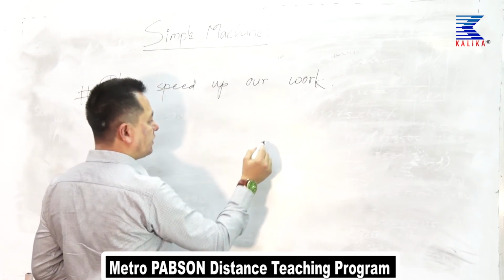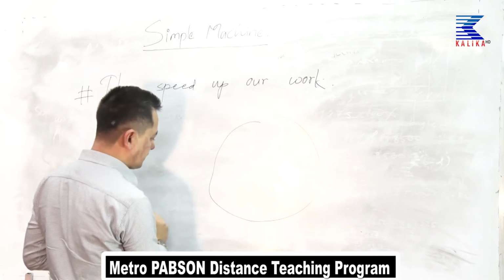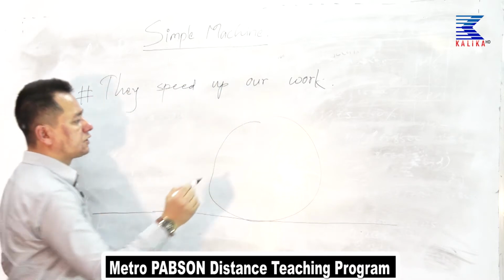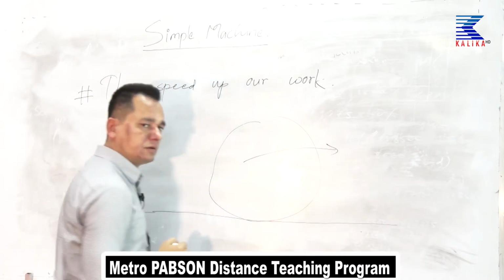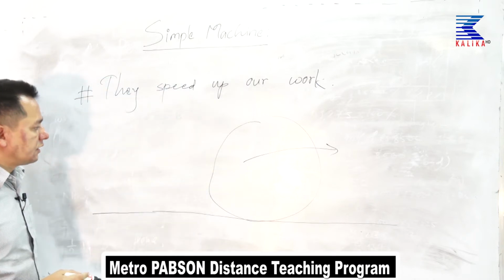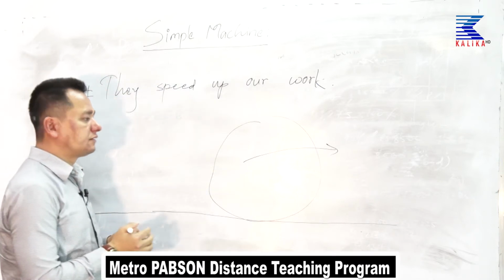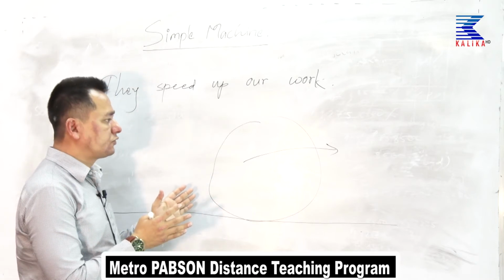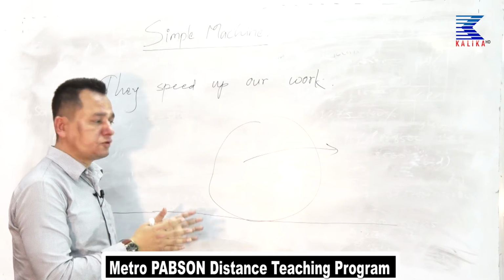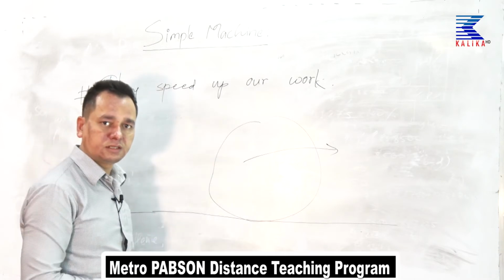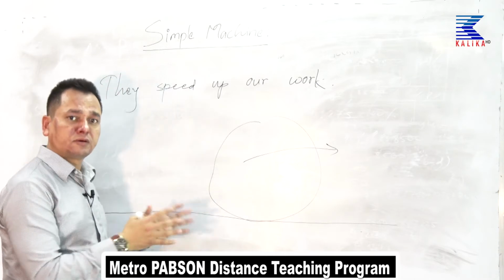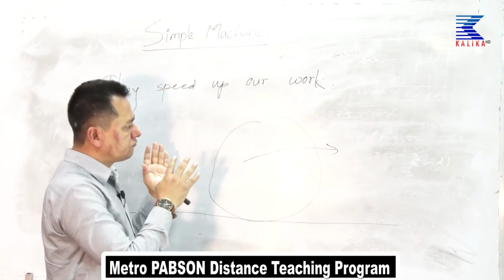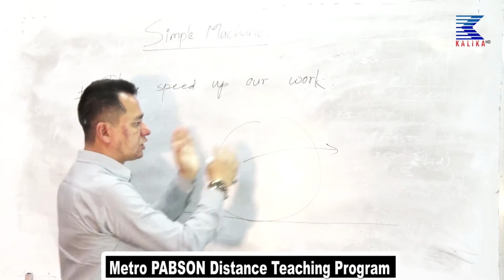For example, there's a huge boulder on the ground, and suppose we have to turn it. With our bare hands, definitely it would be very difficult for us. We may require a huge amount of force, and it will take longer time also to turn it.